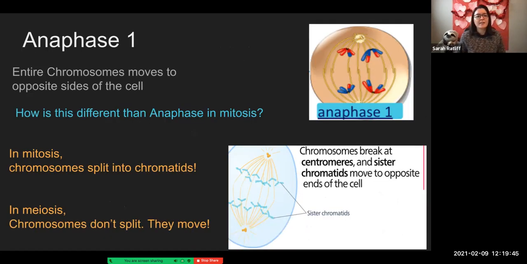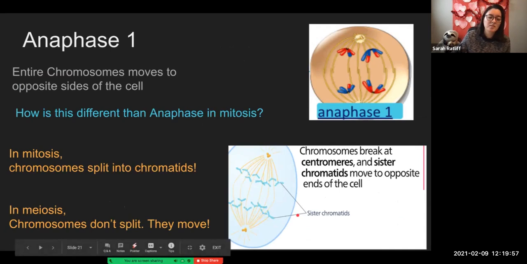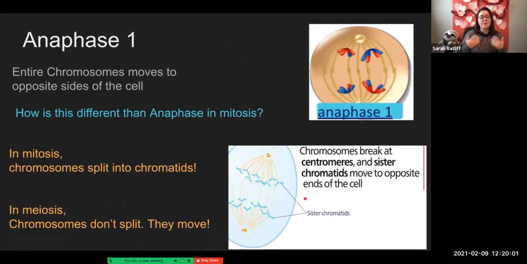All right, anaphase. It's a little bit different than mitosis. So up in the top right corner, this is what meiosis, anaphase 1, is looking like. Down at the bottom, this is what mitosis, what we already know during anaphase, looks like. There's a difference.